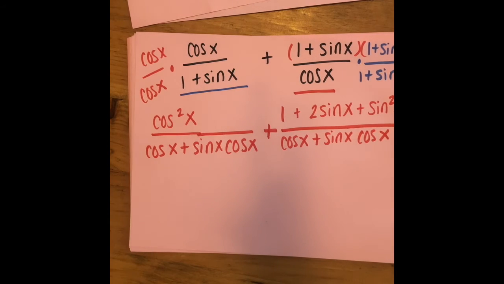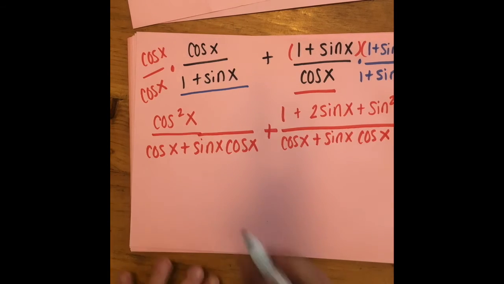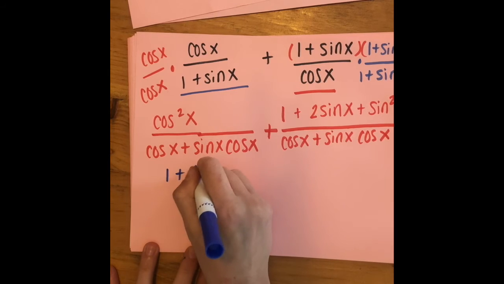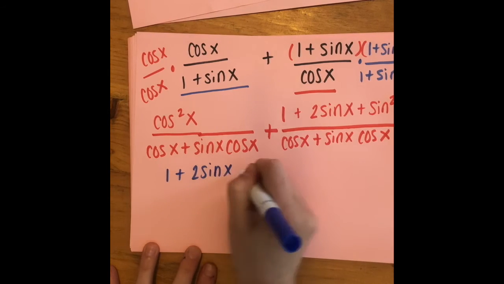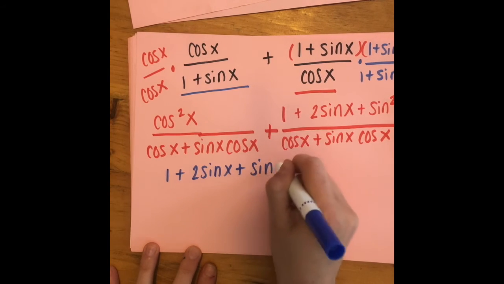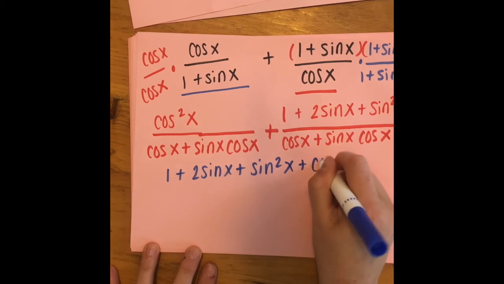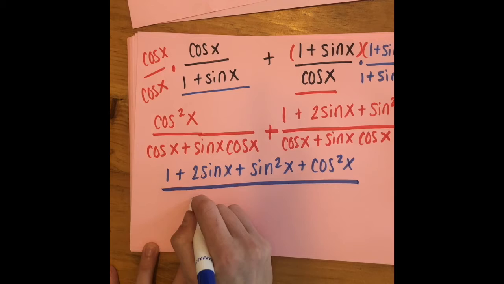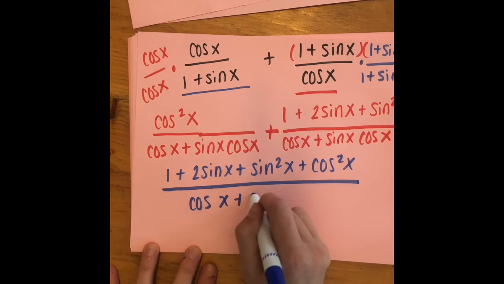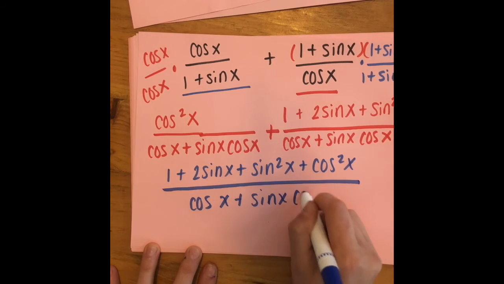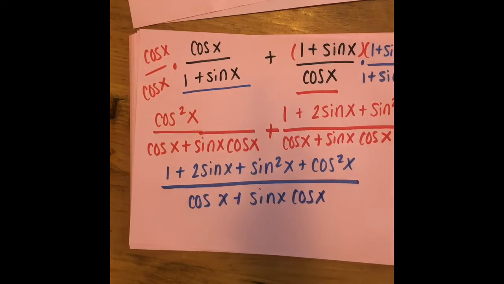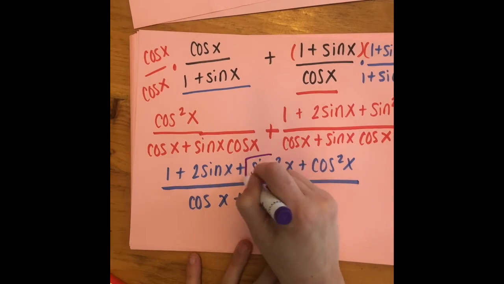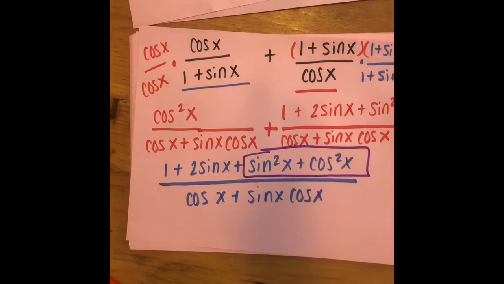All right, I can rewrite this and I get 1 plus 2 sine x plus sine squared x plus cosine squared x all over the denominator. This step is important because in this step, we now see we have sine squared and cosine squared together.